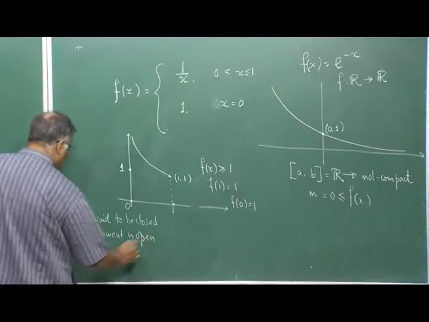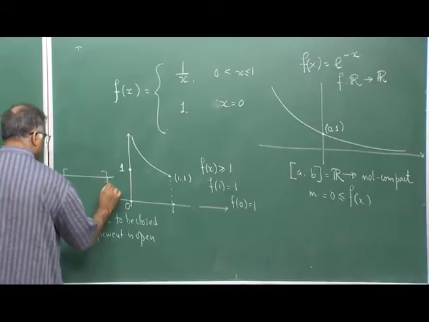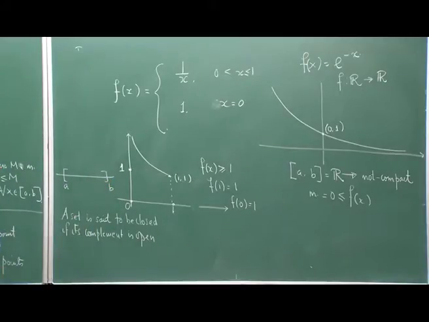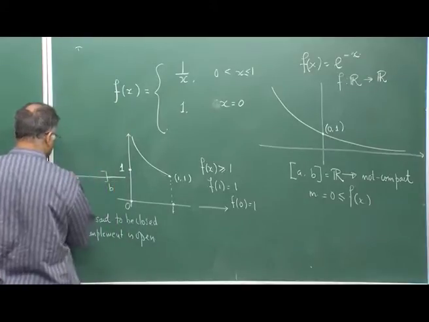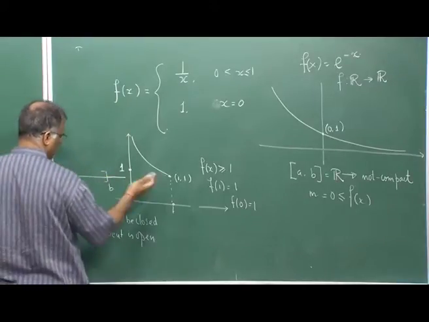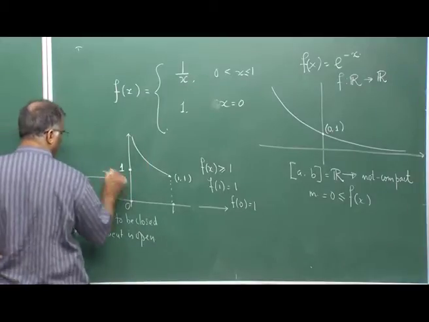For example, if I take this interval say a b, of course, it is bounded, every x is lying between a and b, but is it closed? Just look at the exterior part of the set, the complement. Take a point in the complement.